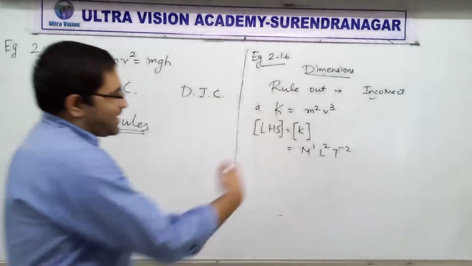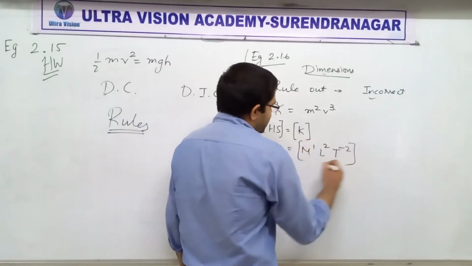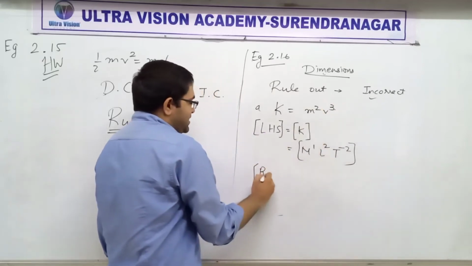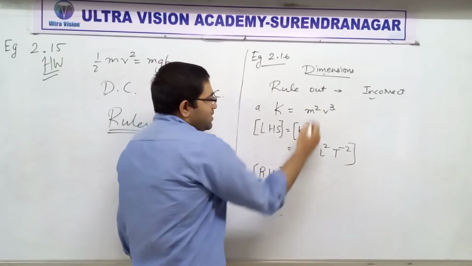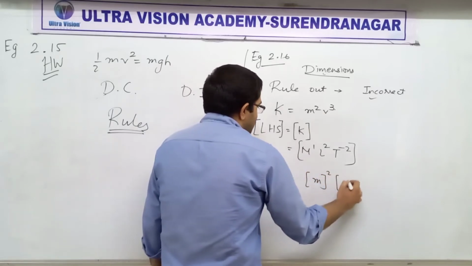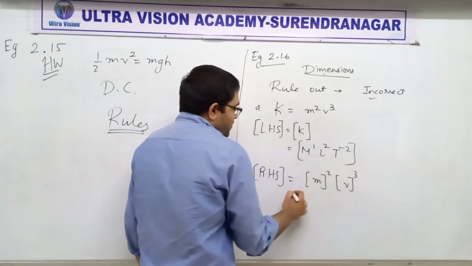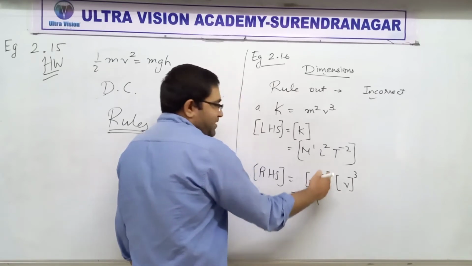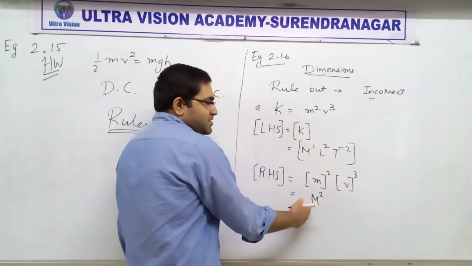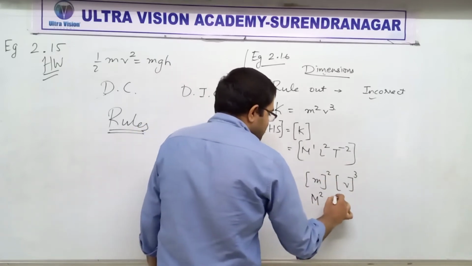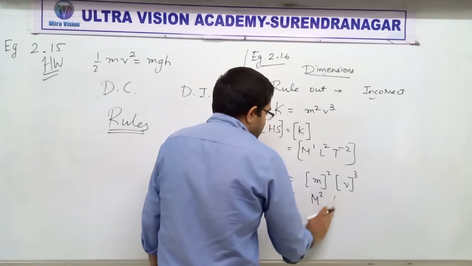Now the right hand side of this equation: M square V cube. M is for mass, dimensions M raised to 1, so this is M square. Now speed V. What are speed dimensions?